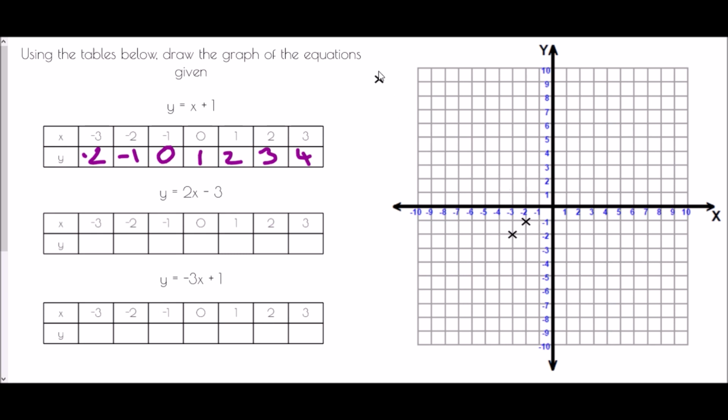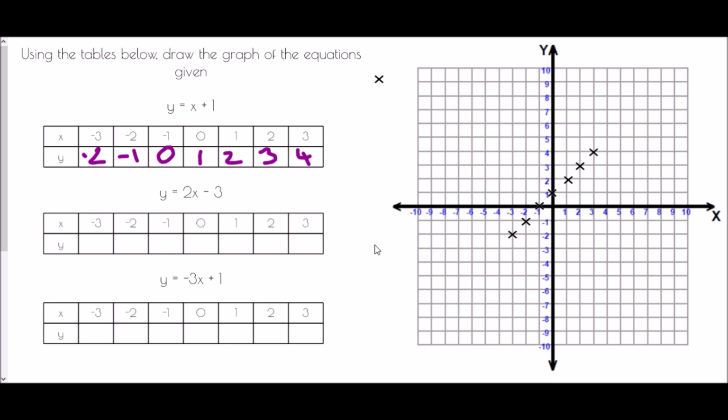Then -1, 0. And 0, 1. And you might notice that as we're going along here, these are all forming a straight line. 1, 2. 2, 3. And 3, 4.